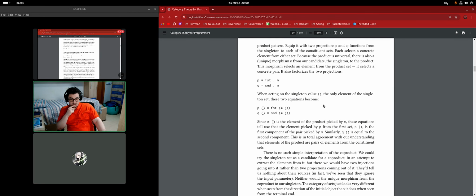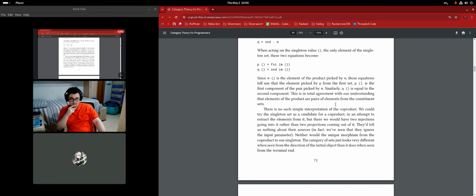Okay, so this is actually pretty interesting because I think it's this chapter that talks that unit is basically adding nothing to the process or something like that.